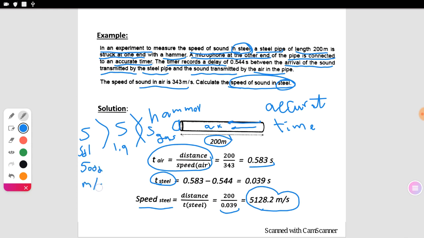In liquids it is 1,400 meters per second. In gases it equals 340 or 360 meters per second. This means that the speed of sound in solids is greater than in liquids, which is greater than in gases, due to the difference between the molecules.